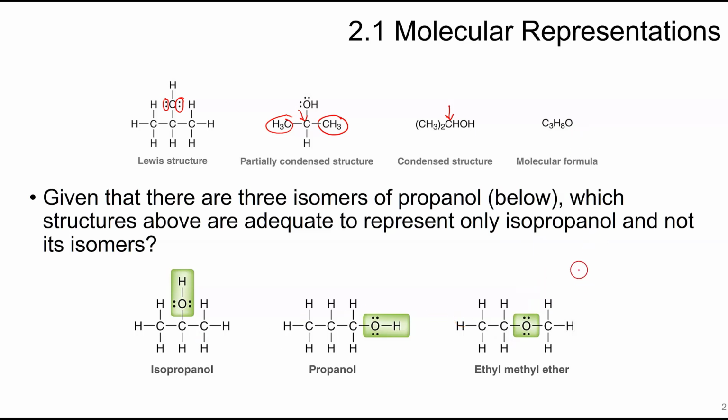They all have the same molecular formula. They're all constitutional isomers of each other. So the Lewis structure will give you the difference between these compounds, and so will the partially condensed structure and the condensed structure. The molecular formula is not very good at telling us about different isomers.